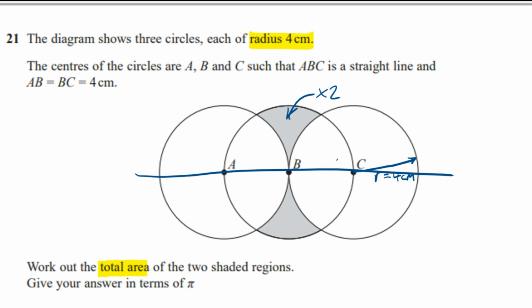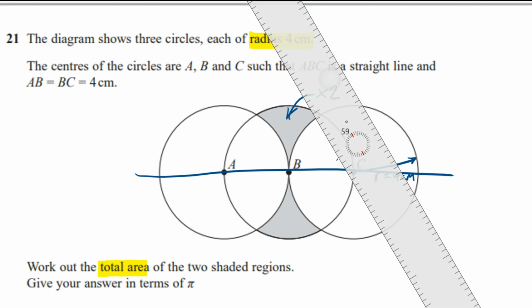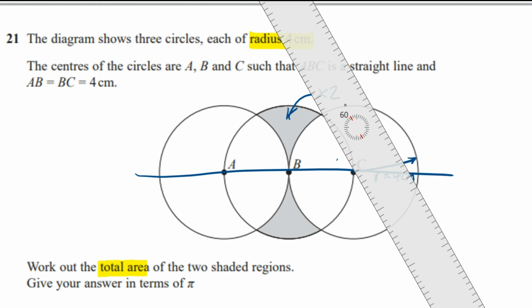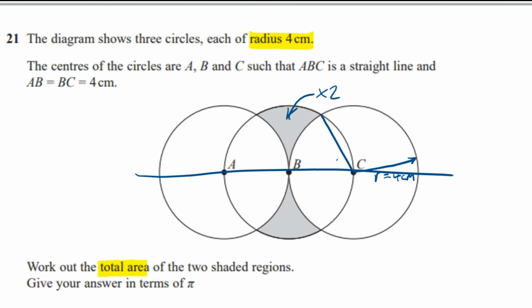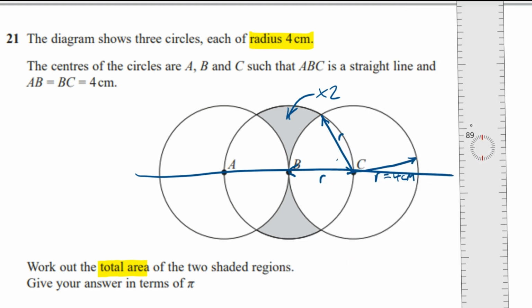So in this case, if I grab my ruler and put it at 60 degrees, this point here has a distance r, and this point here is going to be a distance r. Basically, if we think about dividing up the circle, we can calculate the size of this region.